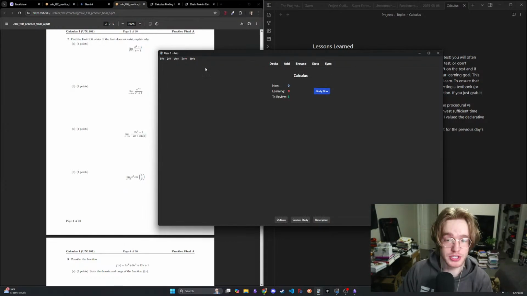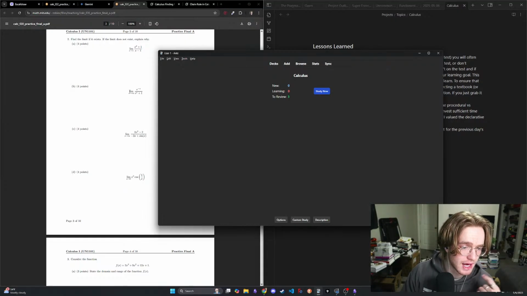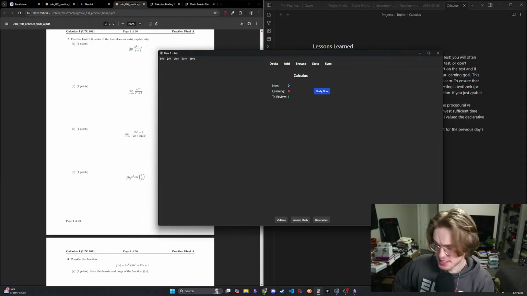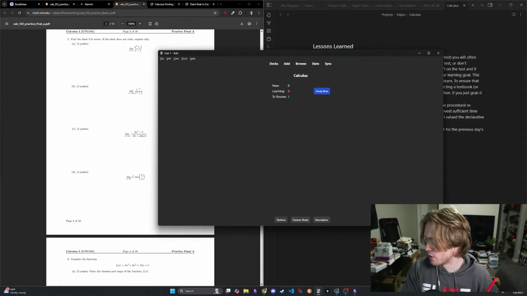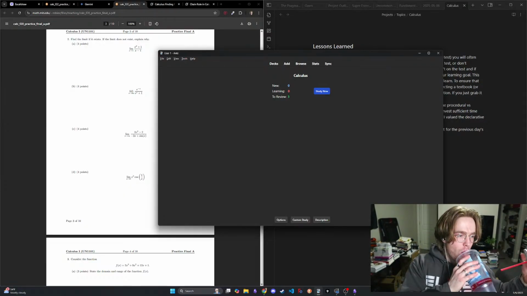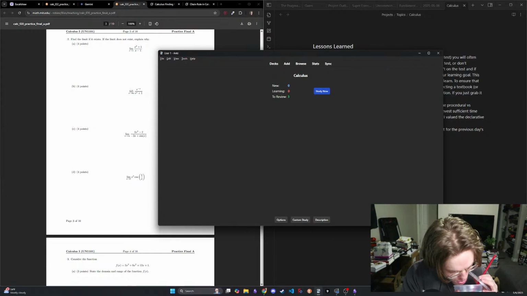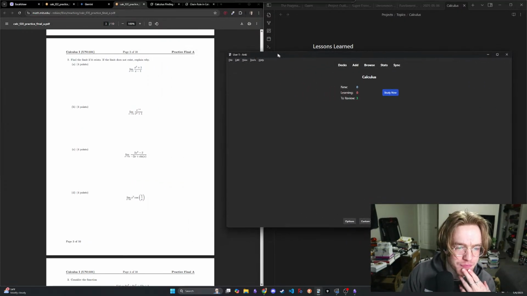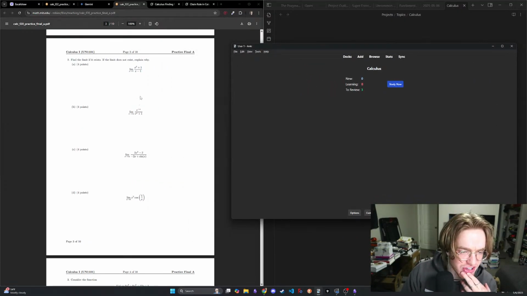So I think we'll probably just start up with Anki as per usual, and then try to make as much progress on the calculus stuff. It's likely that I'll be going into just trigonometric functions, because I think that's kind of what is needed next.